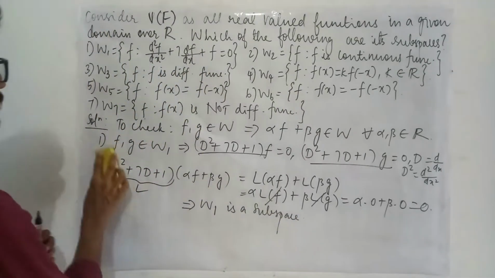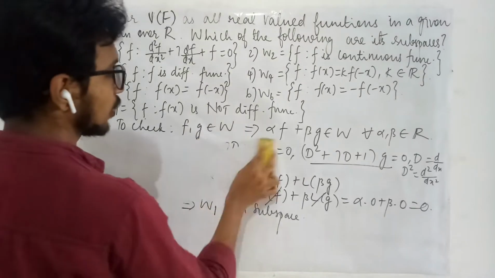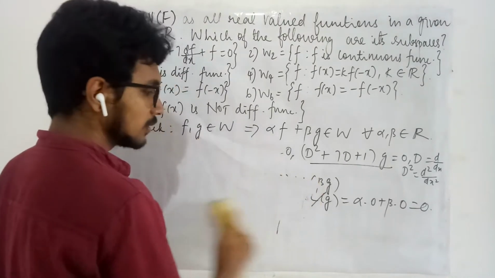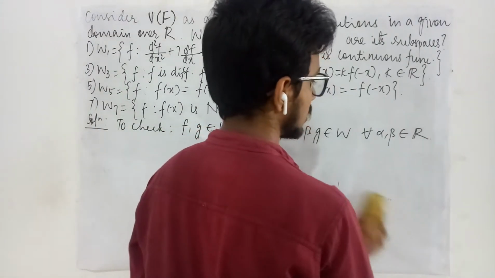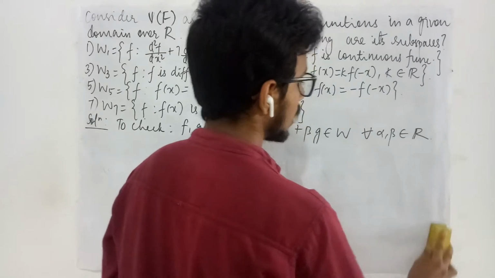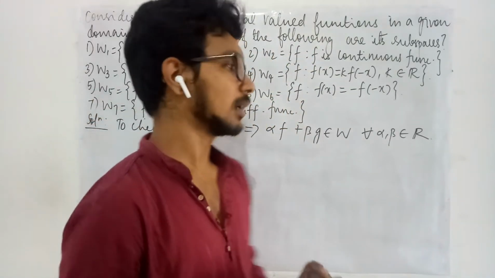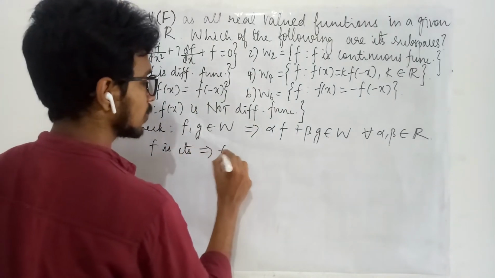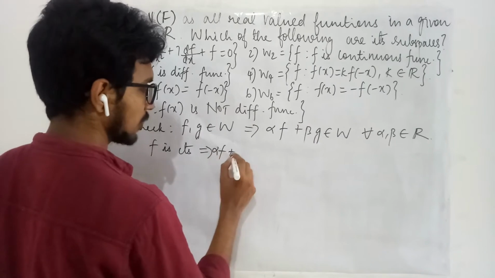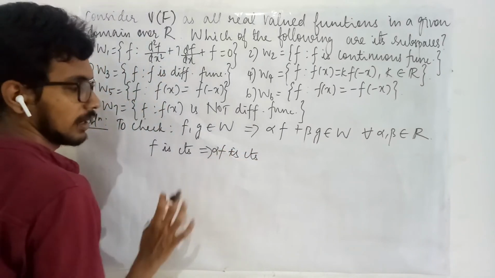In the second, they have given that it is a continuous function. Just make use of the properties of continuous functions for the second one, and for the third one make use of the differentiable function properties. That is, f is continuous implies alpha times f is continuous for any scalar alpha.